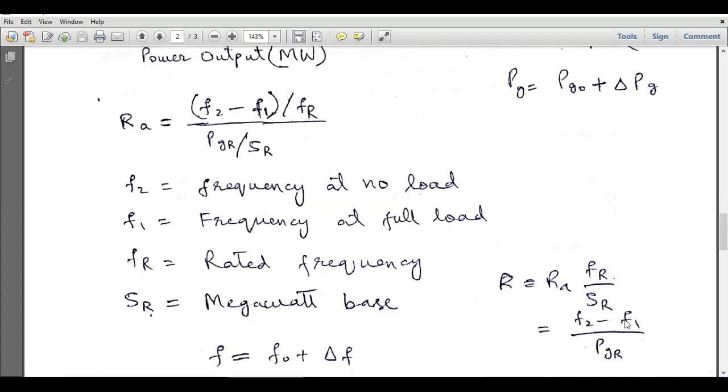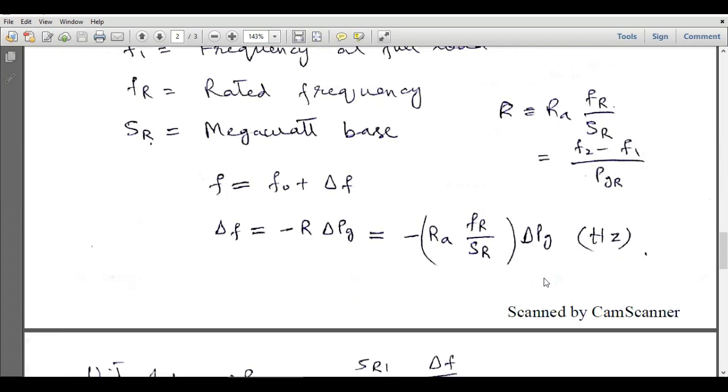And R is equal to F2 minus F1 divided by PGR, and F is equal to F naught minus delta F, and delta F is equal to minus R delta PG. So this minus R delta PG actually comes from this equation, right? So you can see this is our delta F, and delta F is equal to F1 minus F2, right?